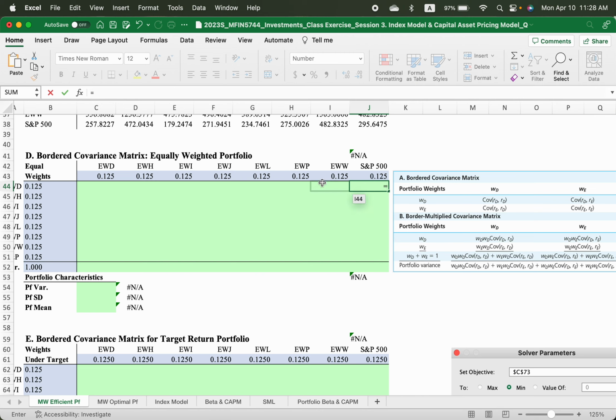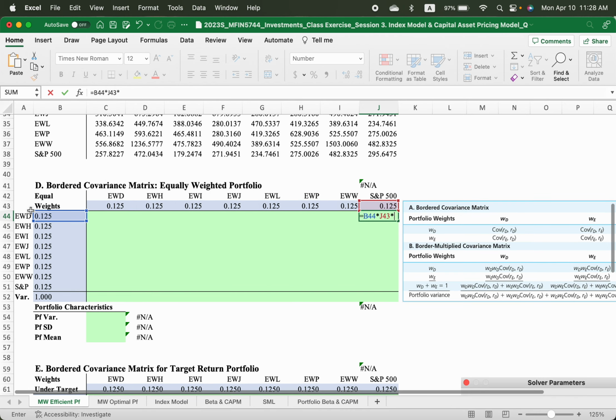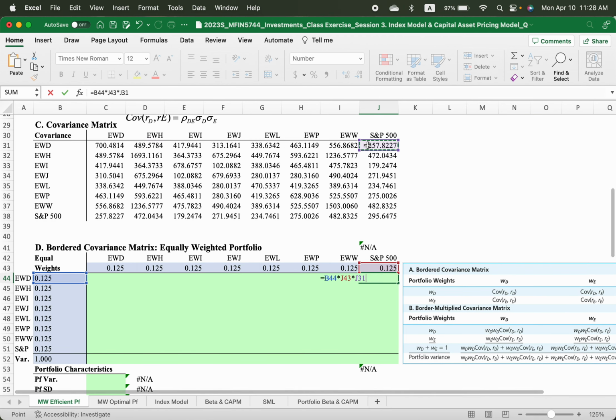Equal, and first, I want you to use this equation. Do you see the weight here, times, now which one do you want to use? The covariance, as well as this weight, times the covariance between the Sweden ETF and the US ETF. Right, here we go. We put it here.